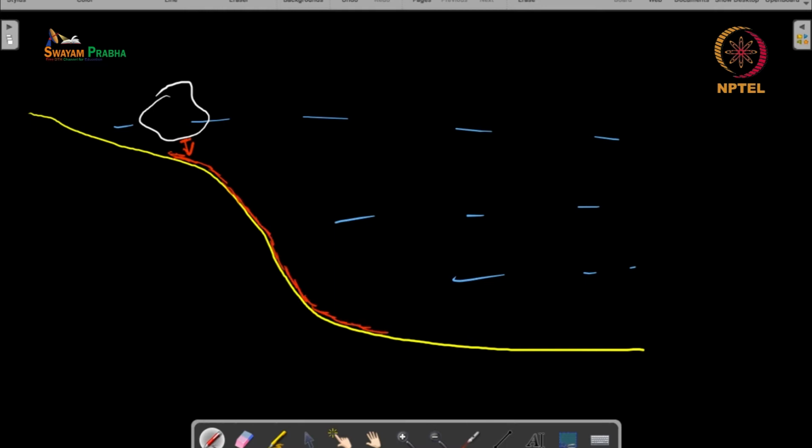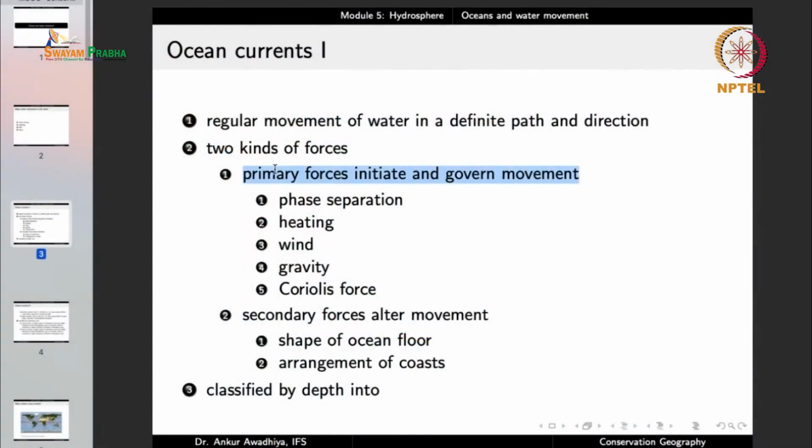So it will be very similar to the flow of water over land. Now this water is behaving like a very different water from all the remaining water that is here. This denser water is flowing like a river, and this is flowing like a river because of gravity. So this movement of water is being done because of gravity.